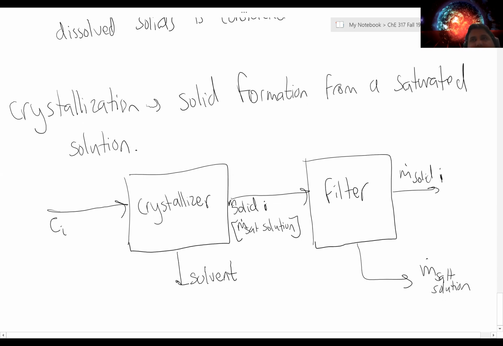Combined, you see things being referred to as slurries, which is a mixture of liquid and pure solids, which can then be easily filtered. And those are the material balances we're going to focus on when we're looking at solid liquid systems.